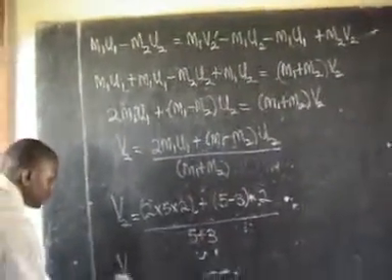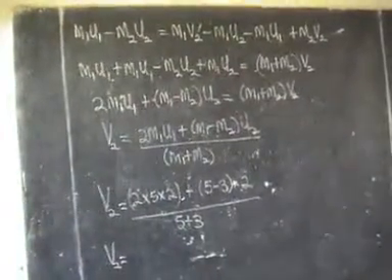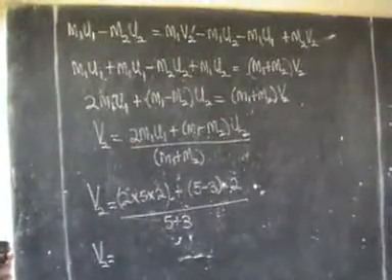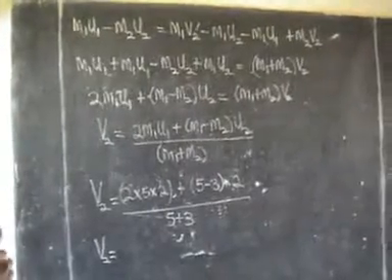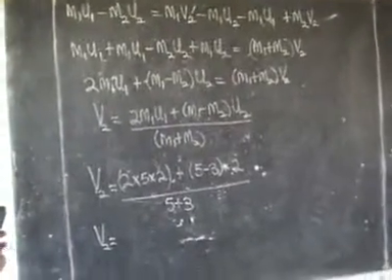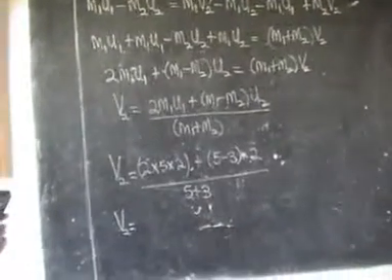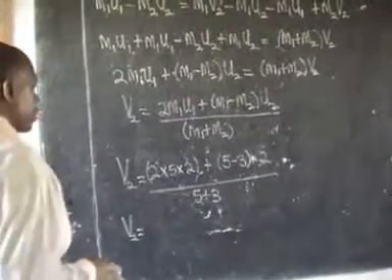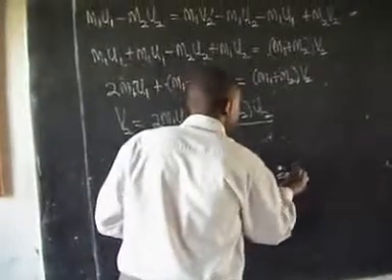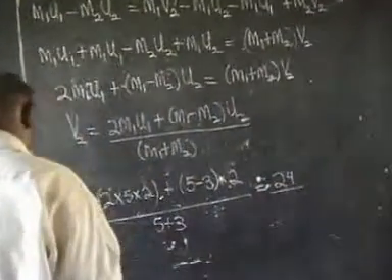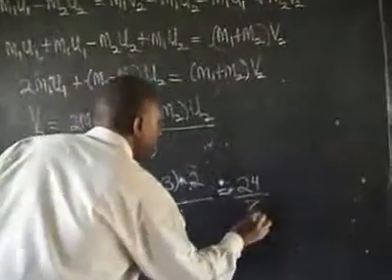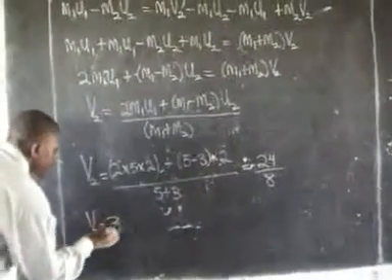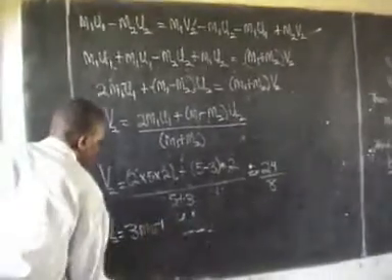So using your calculator you will get V2 equals 24 divided by 8, and therefore V2 is 3 meters per second.